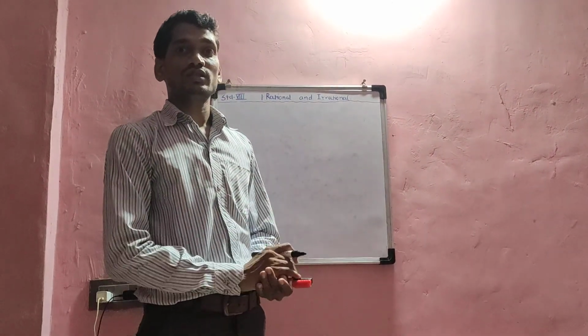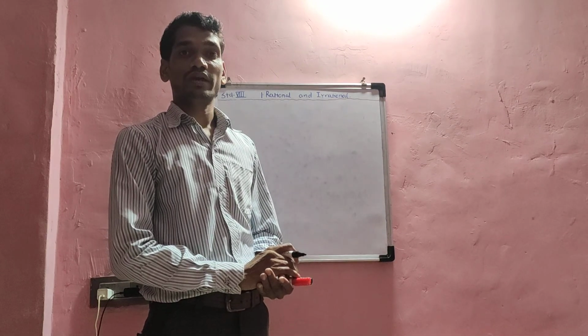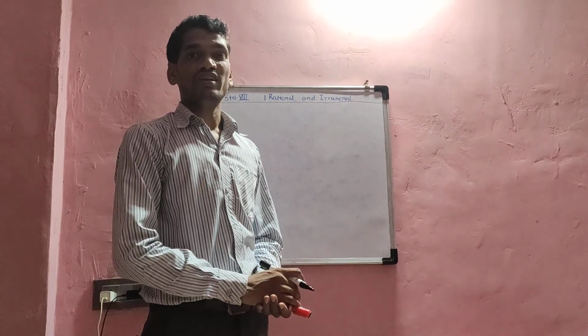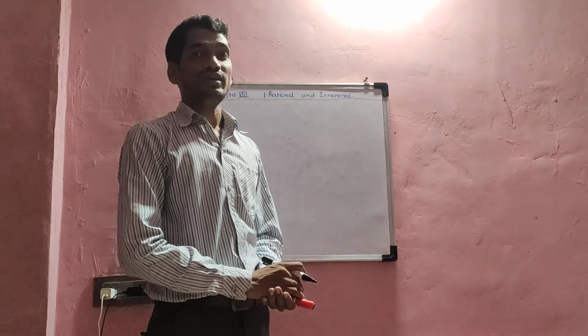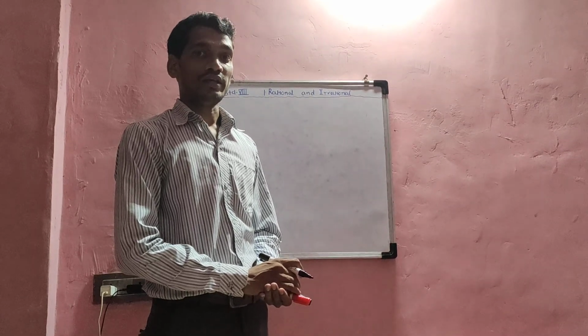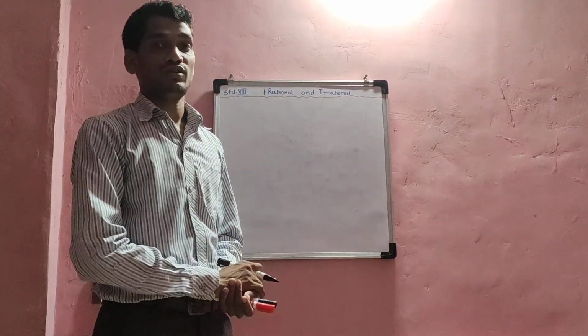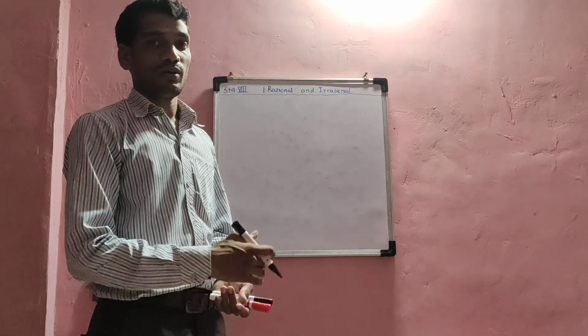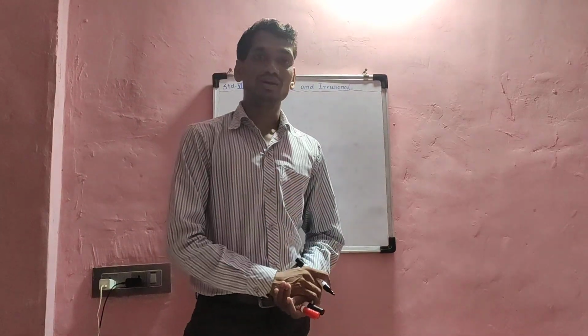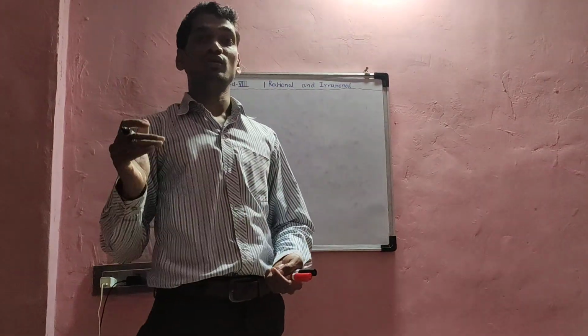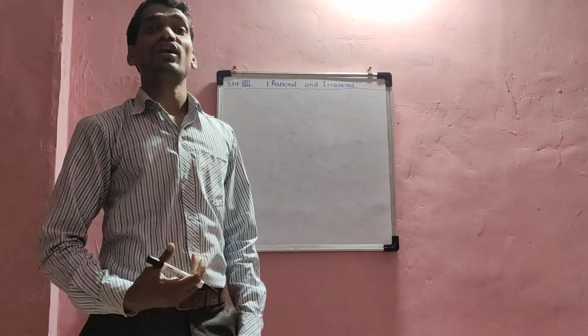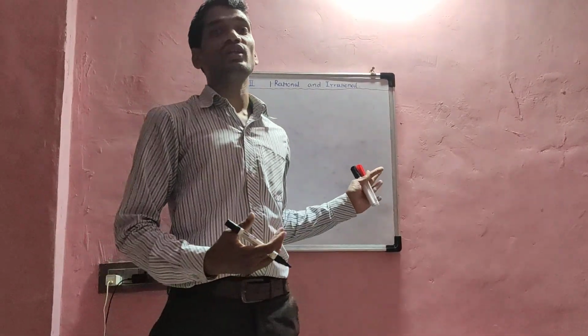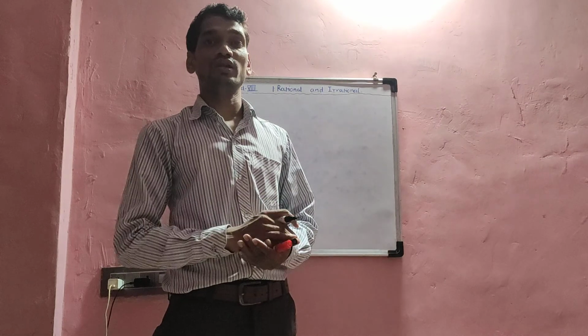So we discussed the natural numbers, integers, real numbers, rational and irrational. Natural numbers start from 1, 2, 3. Whole numbers start from 0, 1, 2, 3. Integers are all the negatives, 0 and positives.